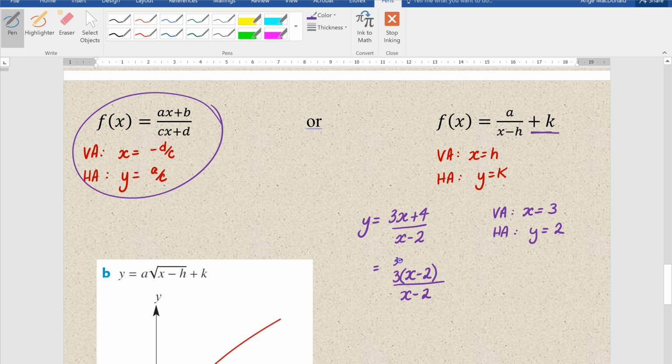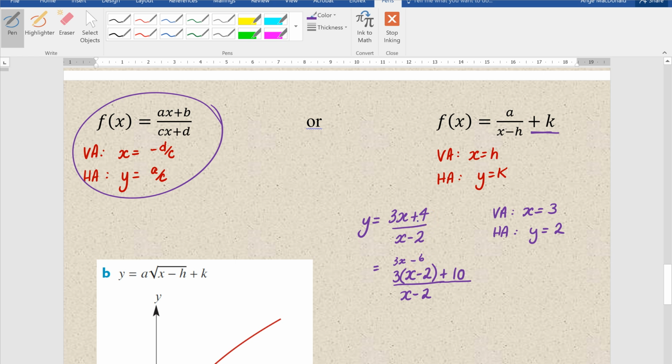And 3 times minus 2 is minus 6. But I don't want 3x take 6, I want 3x plus 4. So that means, what would I have to add to this to make me have a plus 4? So wouldn't that have to be plus 10? Plus the 6, plus the 4.